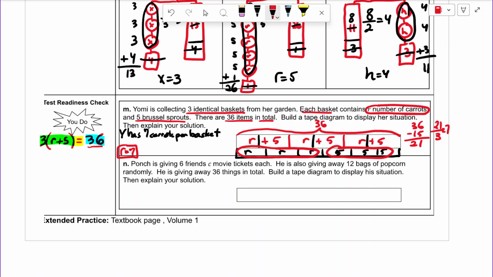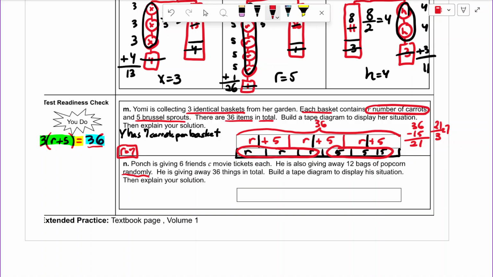Punch is giving 6 friends C movie tickets each. He is also giving away 12 bags of popcorn randomly. That's important. Not each friend is getting popcorn. It's a random gift. He is giving away 36 things in total. Build a tape diagram to display his situation, then explain your solution.